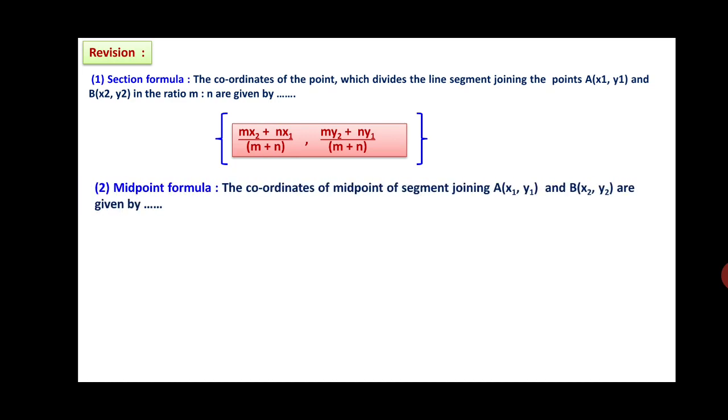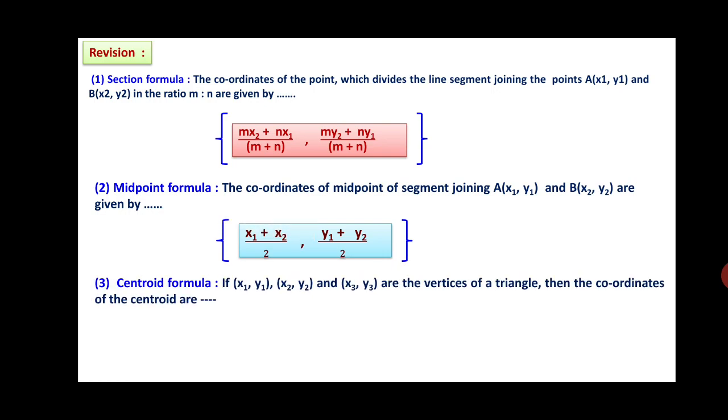Midpoint formula: the coordinates of the midpoint of the segment joining A(x1, y1) and B(x2, y2) would be given as (x1 + x2) divided by 2 and (y1 + y2) divided by 2. And last, the centroid formula: if (x1, y1), (x2, y2) and (x3, y3) are the vertices of a triangle, then the coordinates of the centroid will be (x1 + x2 + x3) divided by 3 and (y1 + y2 + y3) divided by 3.